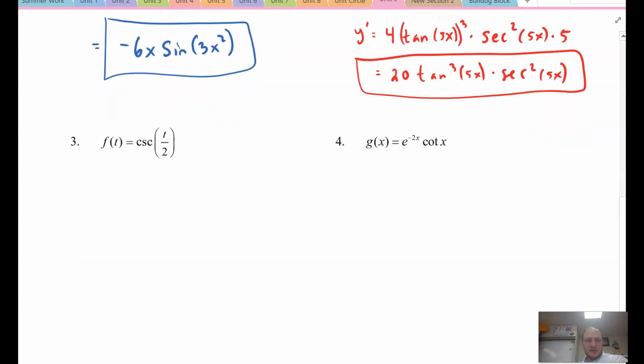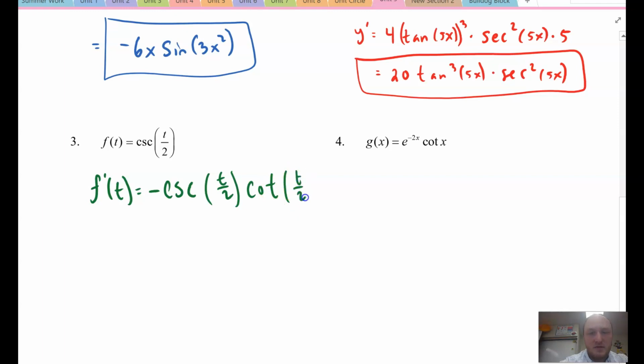All right, next, f of t equals cosecant of t over 2. Okay, so I know that for f prime of t, I'm dealing with a co function, so I'm going to have a negative. So I'll put down my negative, and the derivative of cosecant is negative cosecant of our angle, t over 2, times cotangent of our angle, t over 2, times the derivative of the inside, which is 1/2, right?